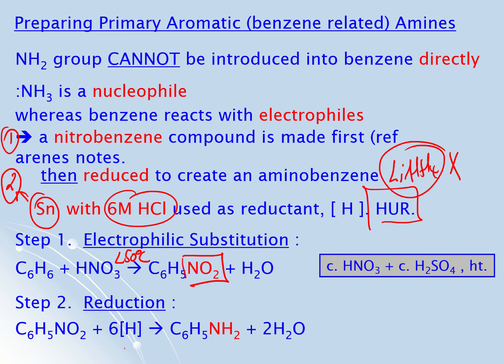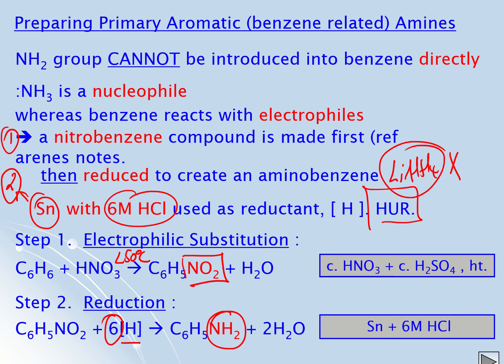We use [H] in square brackets to represent the reducing agent. We need 6 of them per NO2 group, so please be aware of that. If it was a dinitro compound, you're going to need 12 of these. We get our final product, aminobenzene or phenylamine, more commonly called, and 2 waters. So you need to learn that.